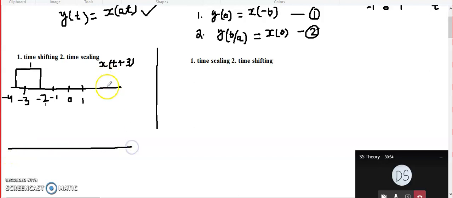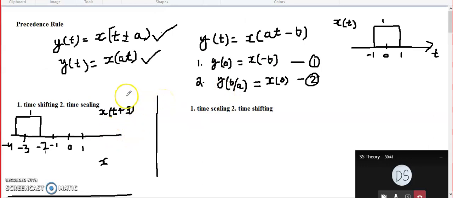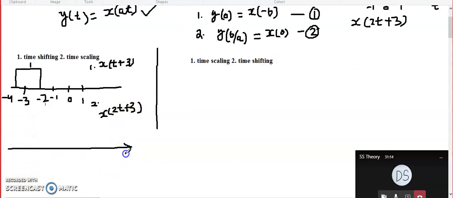And then time scaling. What we are doing is obtaining x of 2t plus 3. So we have done time shifting first, then time scaling. Now the second operation will be time scaling. When we do time scaling, as we explained, it will get compressed like this.